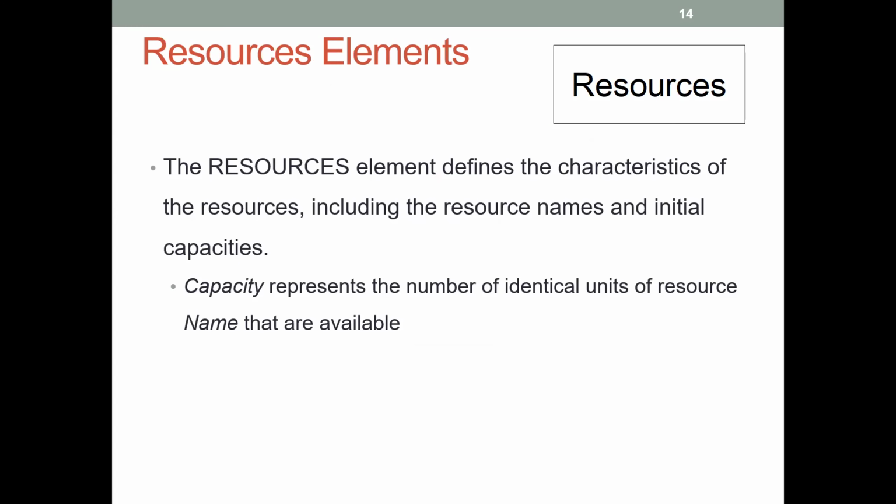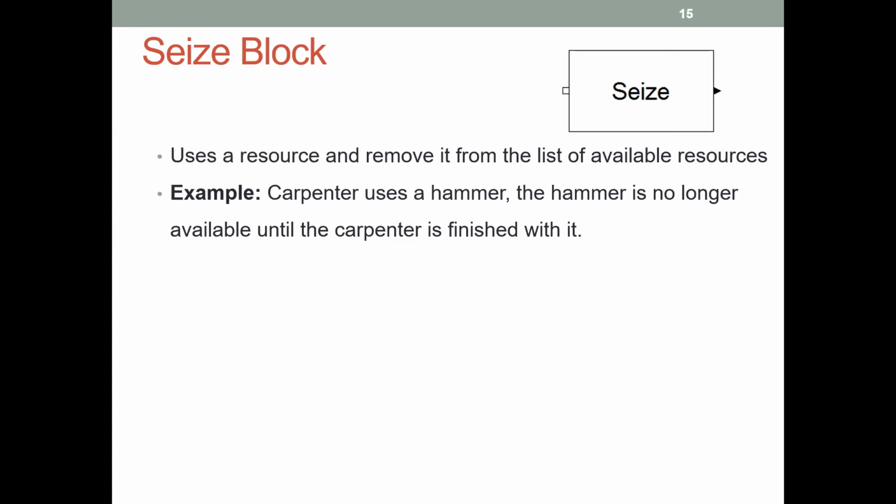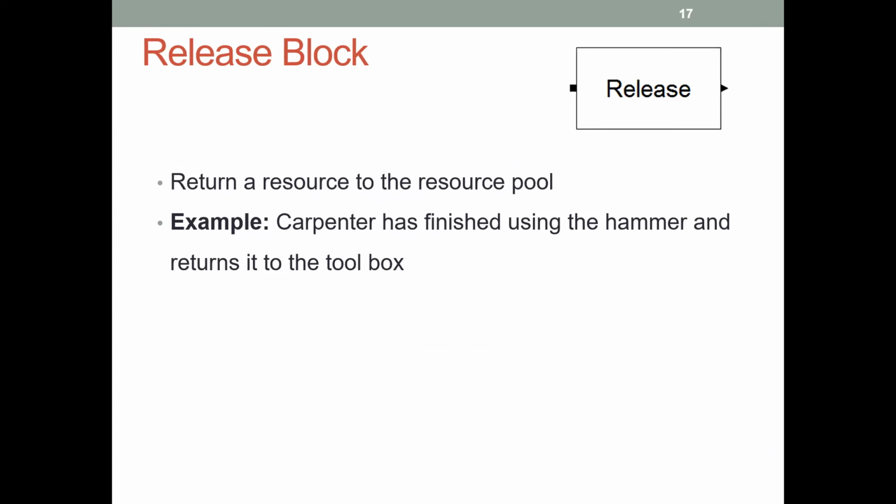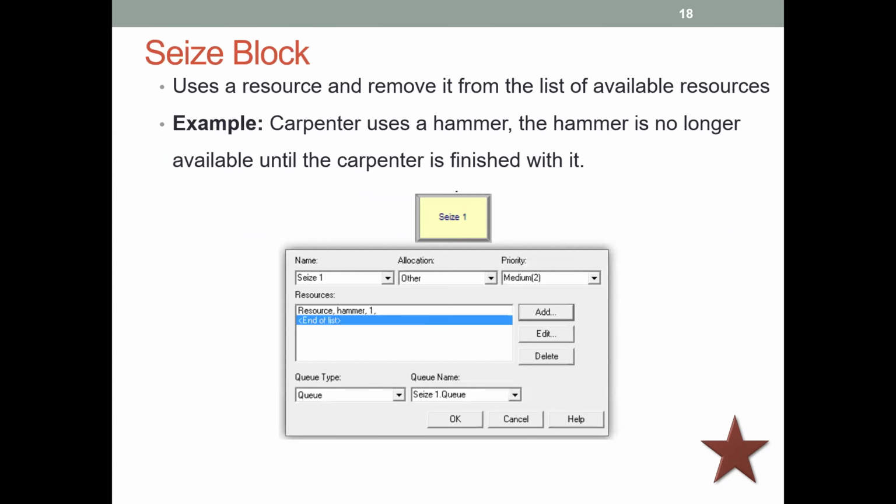In terms of resources, you're familiar with the resources element, and then we use seize delay release to represent a resource. We still have the seize block that I showed you in one of the templates. It is the same thing. You have to add the resource that you want to use.